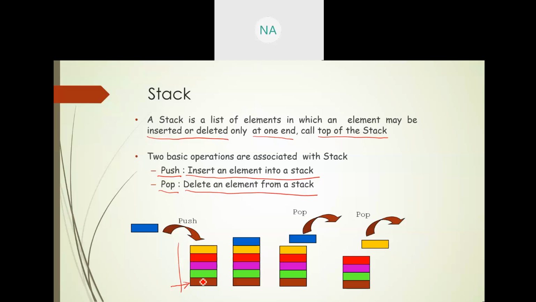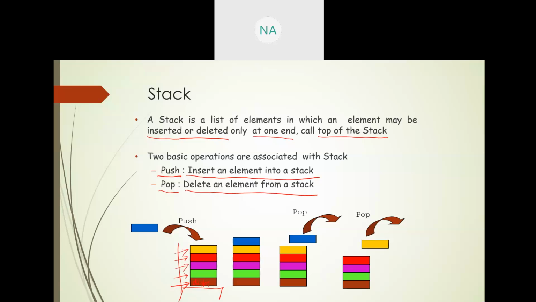Assume that these are disks. So first, this brown disk is put on the table, right? Then over that the green disk is put, and then this one, and this one, and this one, right? So this is the stack.